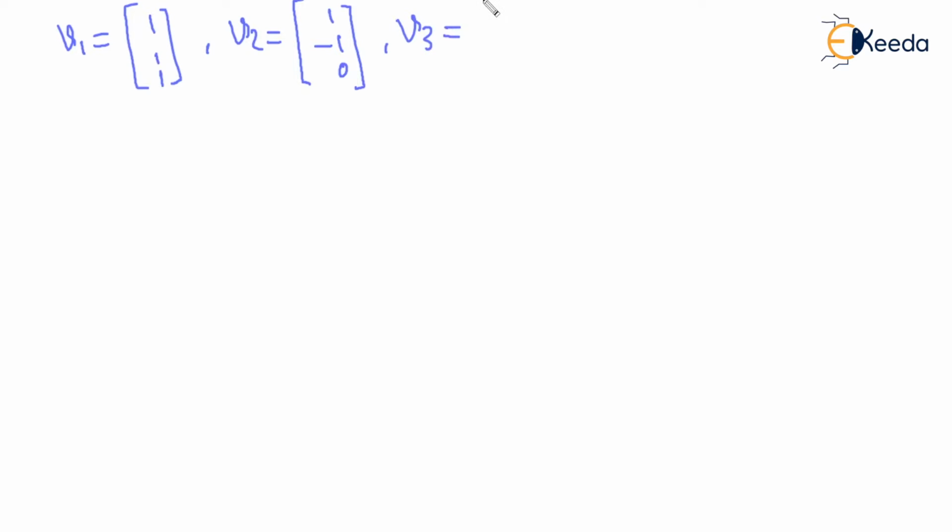So we have V1 equal to (1, 1, 1), V2 equal to (1, -1, 0), and V3 equal to (1, 1, -2).